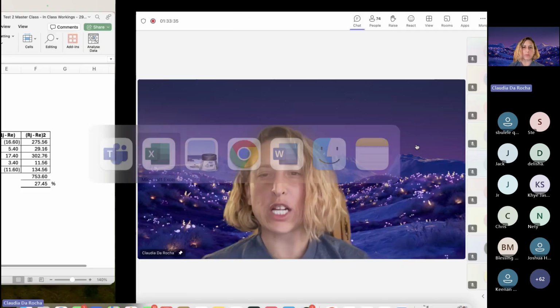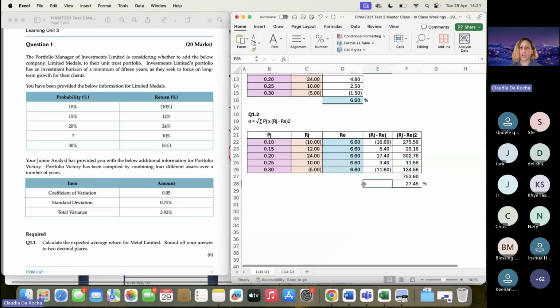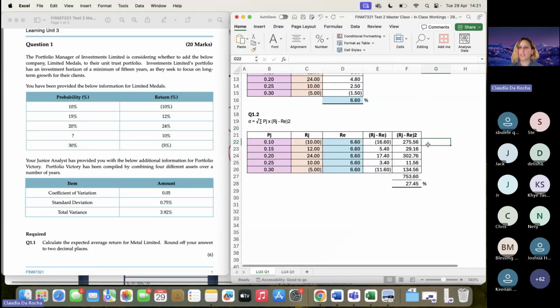Well, you are right. I am supposed to multiply by the probability. I forgot that. Thank you. So let me do that. Remember it's that times squared, and then there's still one more step, where I have to multiply by the probability. Thank you so much.